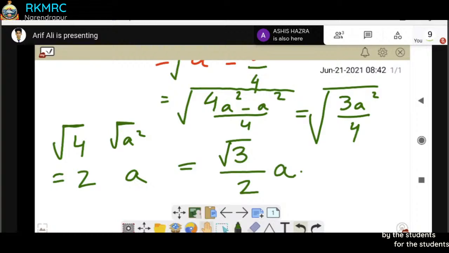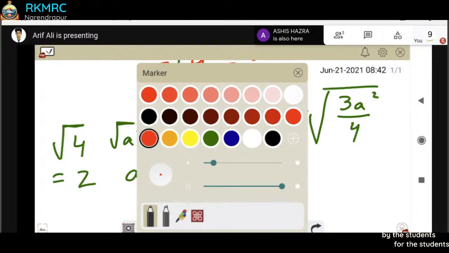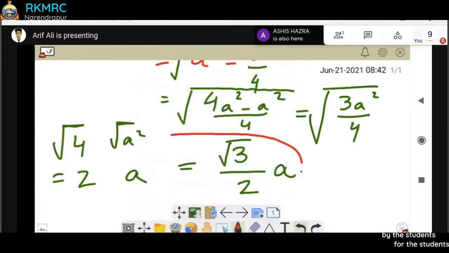Let us check again. I am talking about this formula, which is height of equilateral triangle.